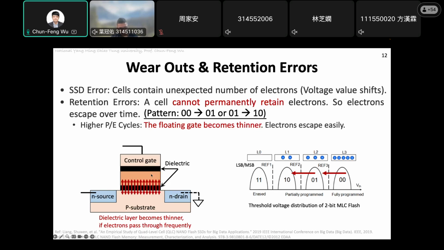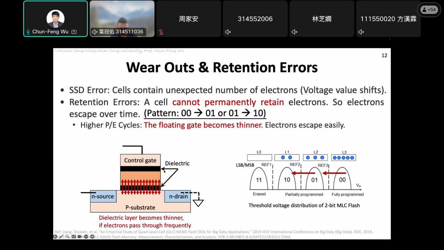And actually the error will not be all or nothing. It is not like there are 100 electrons inside, and if my dielectric is too thin, all 100 of them get out.